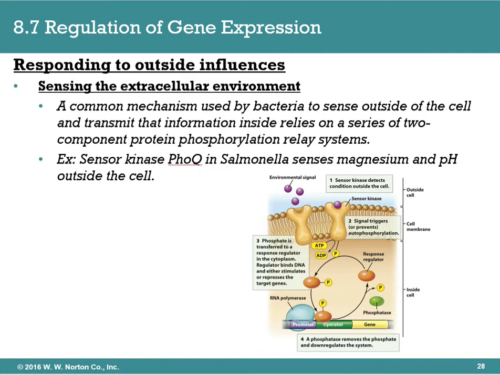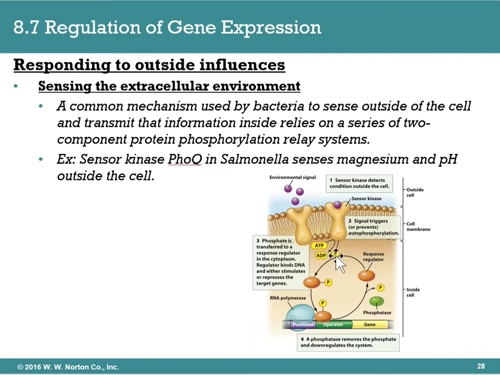Protein phosphorylation is where it will sense something on the outside. It will have these proteins throughout its membrane, and an extracellular or environmental signal will bind to this protein kinase. With the protein kinase being bound, that triggers a cascade of events, so there is phosphorylation of a protein. Right here, we will have a phosphate group floating around, and some kind of regulator also floating around in the cell.